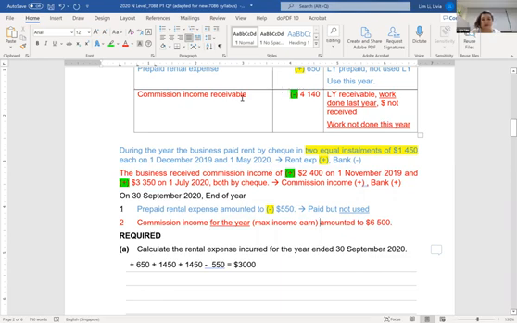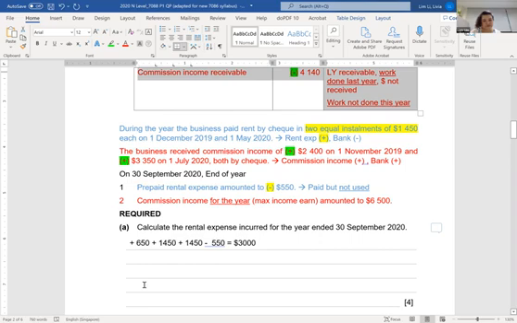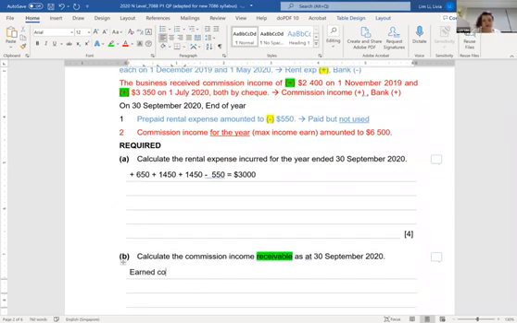All right. Firstly, because I had a commission income receivable at the beginning of the year, I have to minus 4140. Then I also had two pieces of commission income that I received, so I will plus 2400 and plus 3350, at which point I will get 1610.